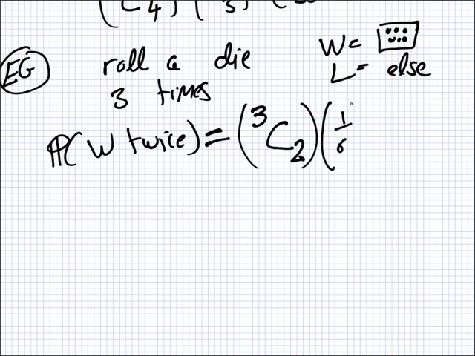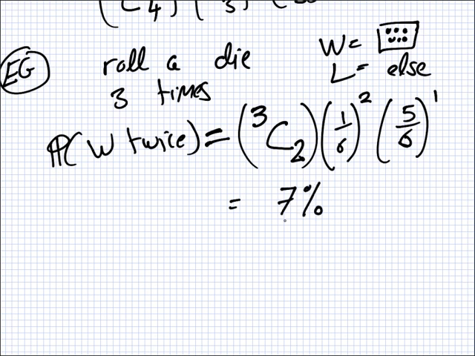And how many wins here? 2. And then a lose? And how many loses? 1. So this is the answer here. About 7%. 7% chance you'd win twice.